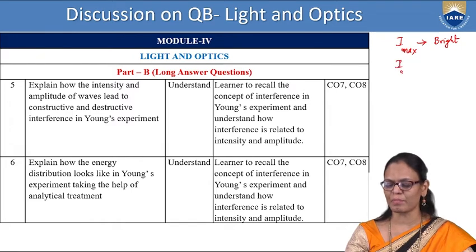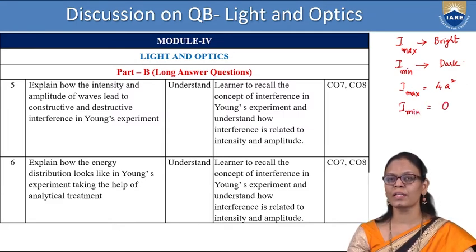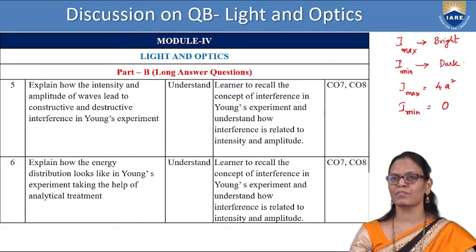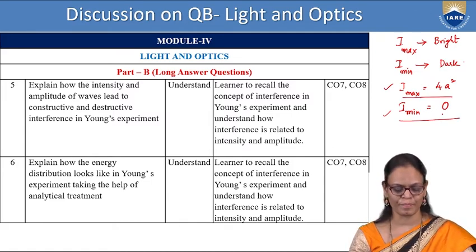When it is I minimum, that is due to destructive interference, and it always leads to a dark fringe. For this, you will have to derive the expressions for I max and I min. You will get 4a square for I max, and for I min you will get 0. So you will have alternate bright and dark fringes given by I max and I min. You can refer to the video where we derive I max and I min.